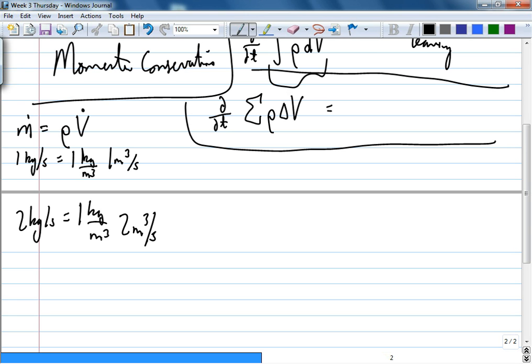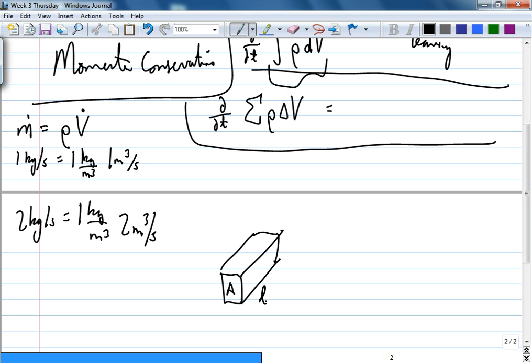And for a particular volumetric flow rate, the volume is actually the area times the length.